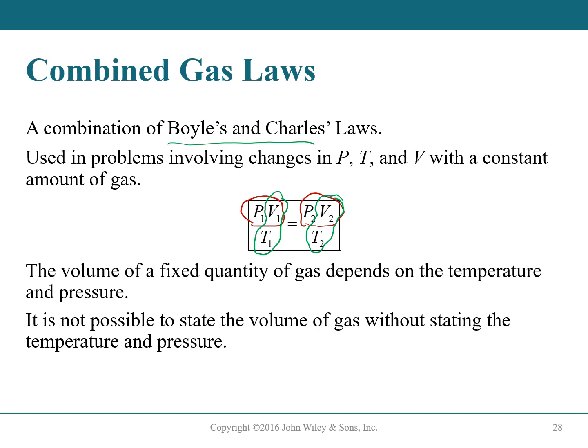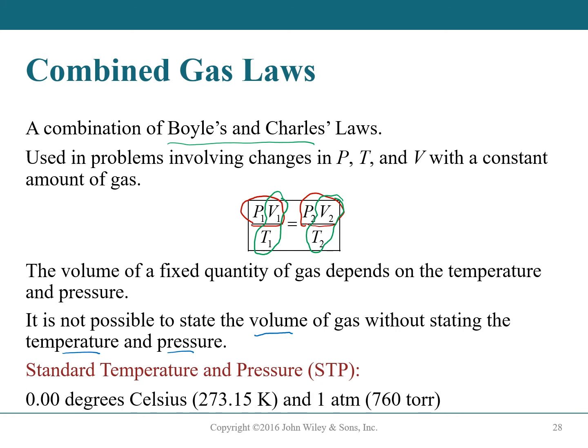Also, what it tells you here is that if we talk about the volume of a gas, you need temperature and pressure. That's the triumvirate. Those three have to go together. It's really important that whenever we talk about the volume of a gas, you know the temperature and pressure that goes with it. Whenever we talk about this, we have to set a standard so everyone knows how to compare apples to apples.